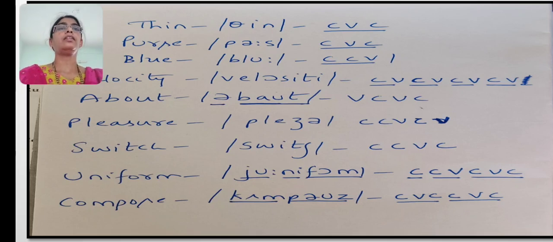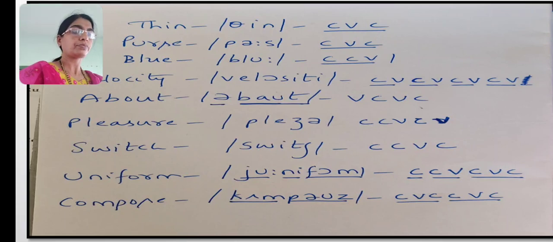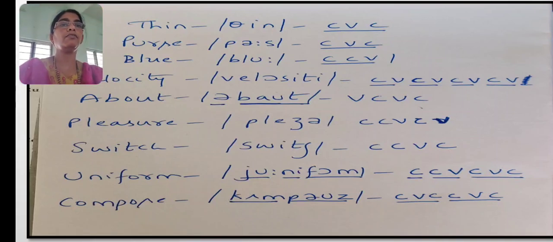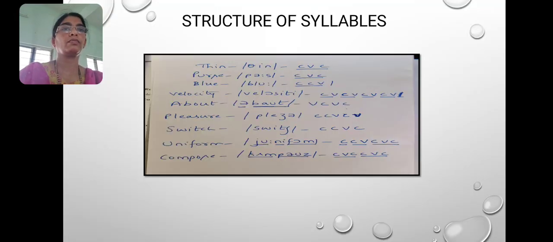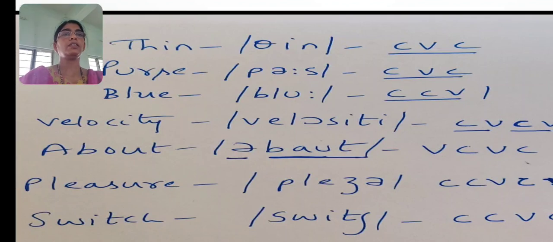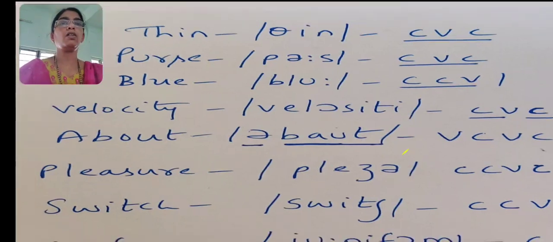Then the final sound is n, a consonant sound. So the structure of the word thin is CVC, that is consonant, vowel, and again consonant.